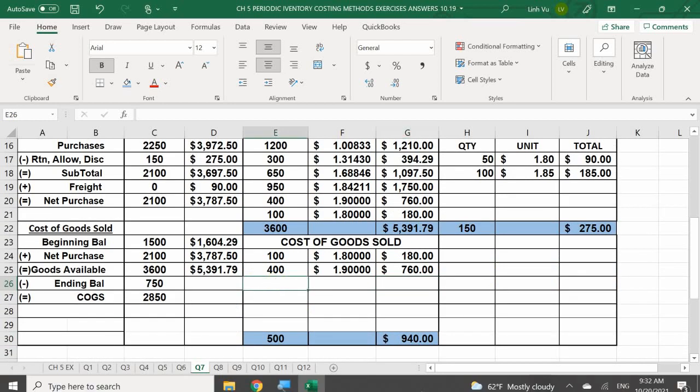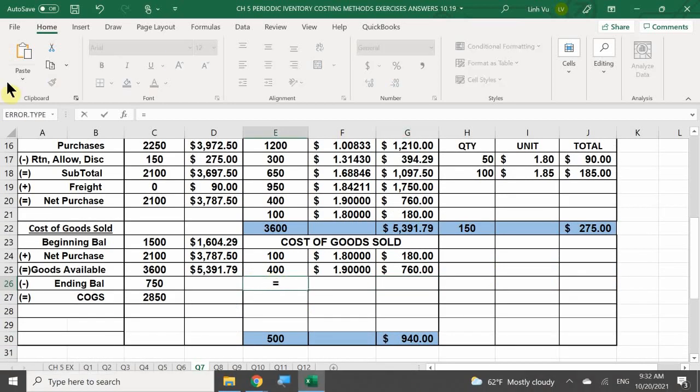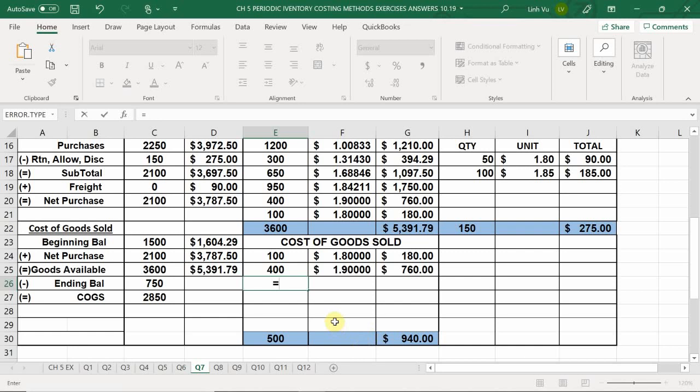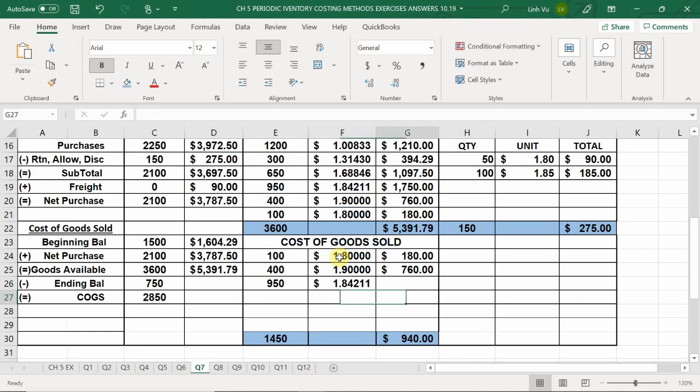So which batch of inventory am I going to take out from next? 950. 950. All right. Which is going to give me a total cost of $17.50. Okay. So I have $14.50 that I've sold so far.